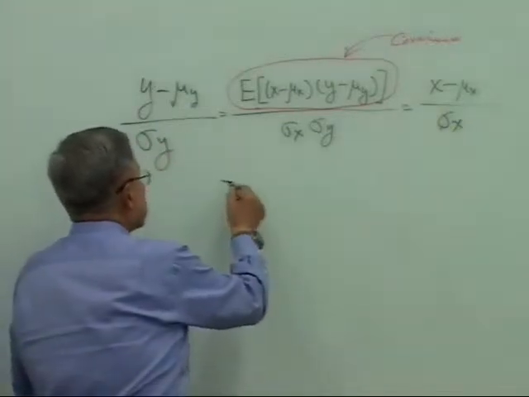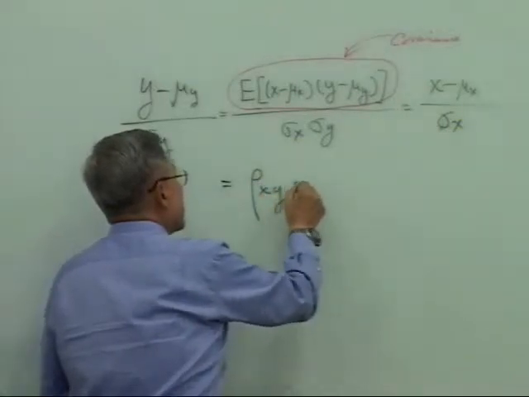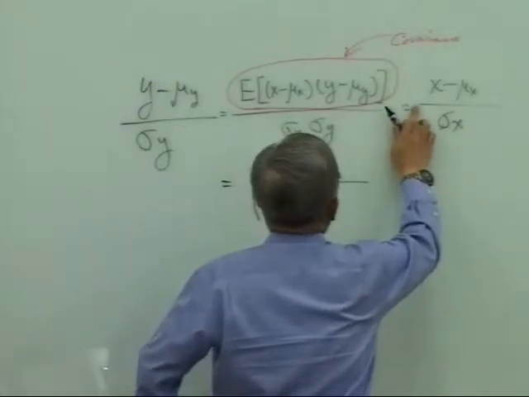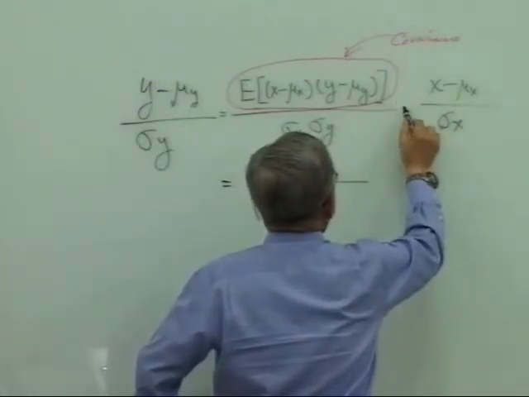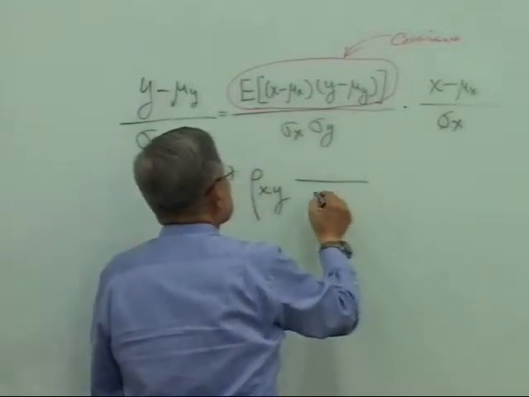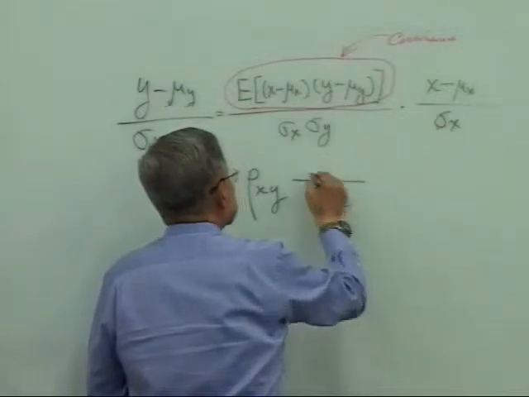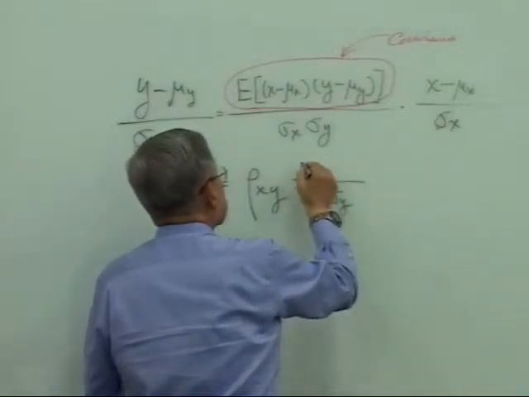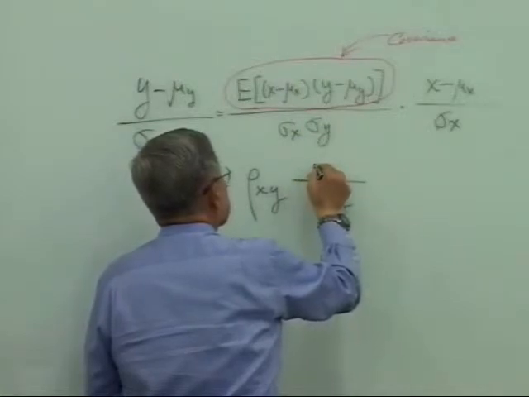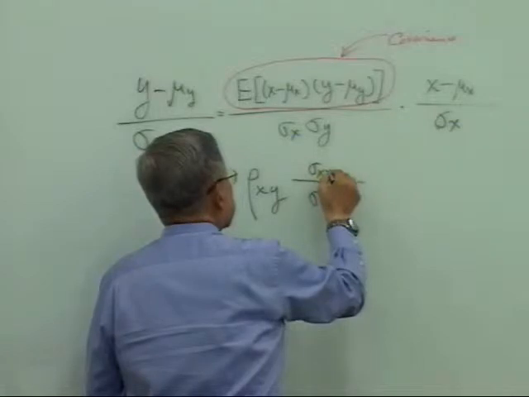So here I'm going to say that this is rho xy times this. So this is equal to sigma x sigma y, which is the whole thing, called sigma xy.